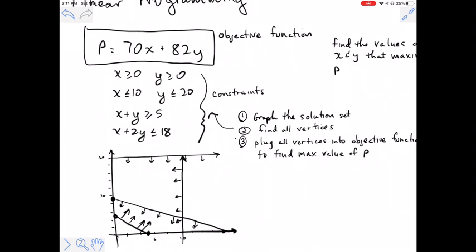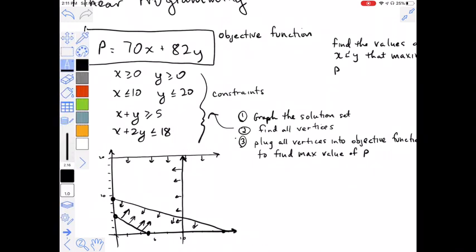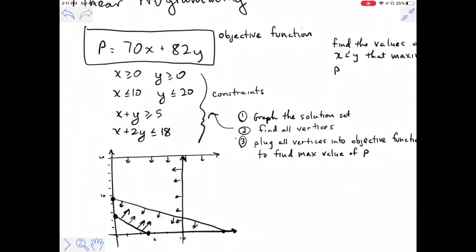Okay, a lot to keep track of here. To find the area that would contain all of the shade, I need to be below this line, above the x-axis. I need to be to the left of that line, x equals 10.